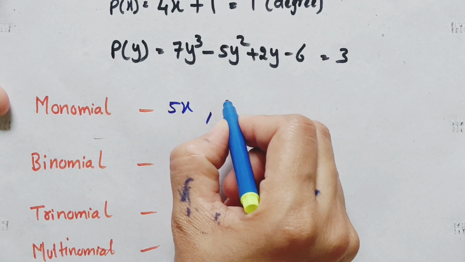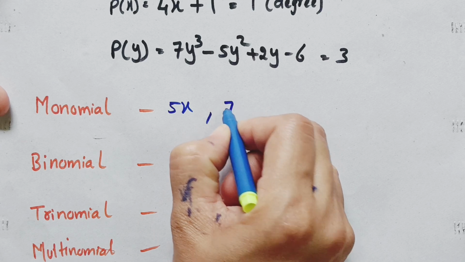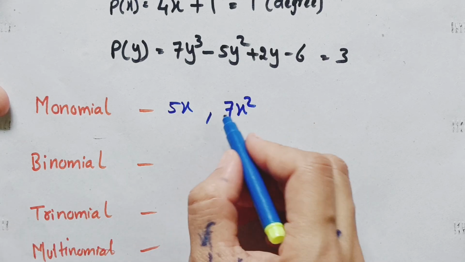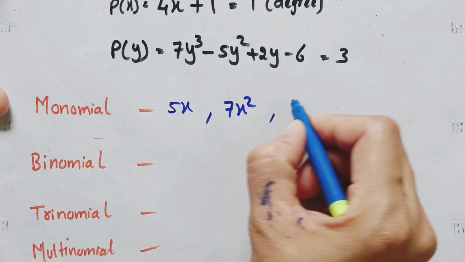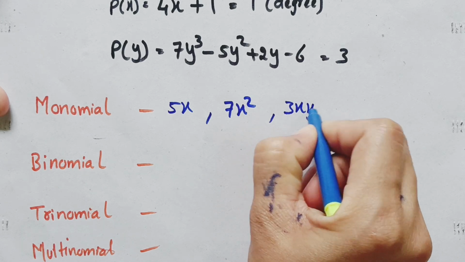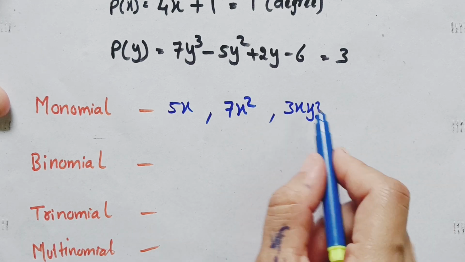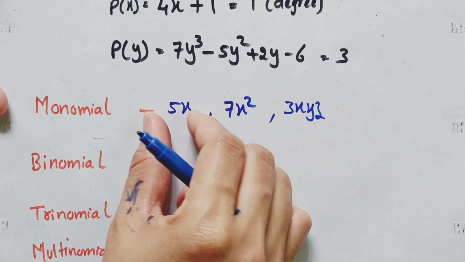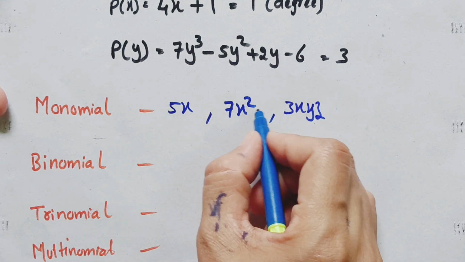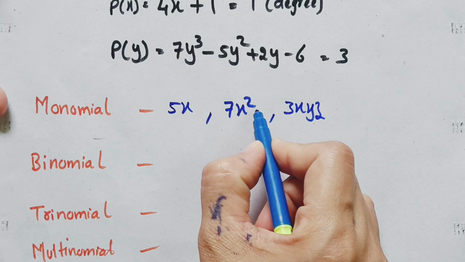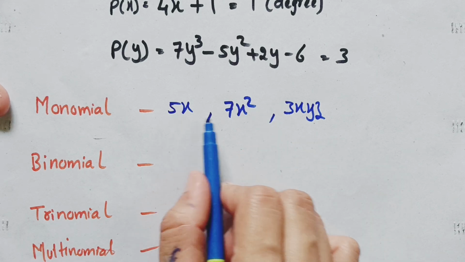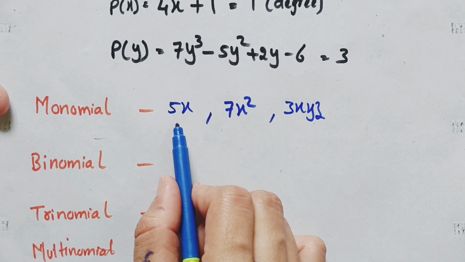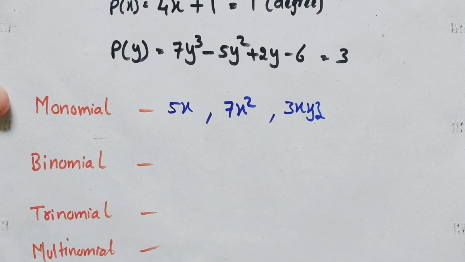Suppose I can also write it as 7x square. This is also monomial. If I write 3xyz, so this is also a monomial because I have only a single term. Means I don't have any other term that is connected with plus or minus. This is monomial. Monomial means which has only a single term.